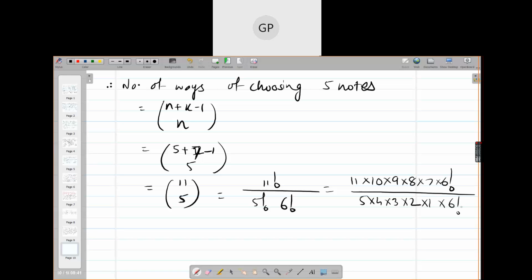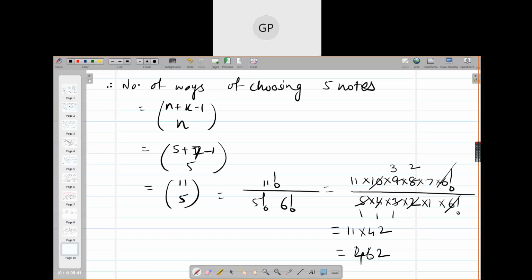So 6 factorial goes. This 5 and 2 cancels with 10. This 4 is cancelling with 8. 3 is cancelling with 9. So you have 11 into 42, 462 ways are there to select.